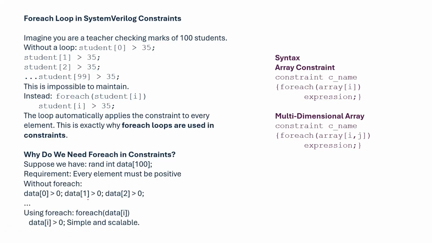So any constraint like this, suppose constraint name for each array of 5 expression you are considering. That means for a of I, suppose rand int a of dynamic array I am considering.